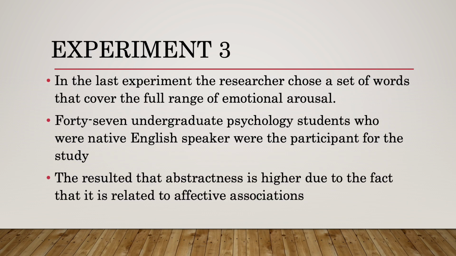In the third experiment, the researchers chose a set of words that covered a full range of emotional arousal. There were 47 undergrad psychology students who were English speakers in the experiment. The result of the experiment was that abstract is higher due to the fact that it is related to affective association.